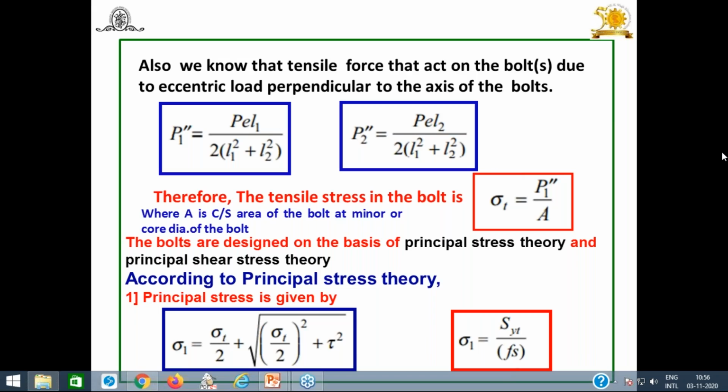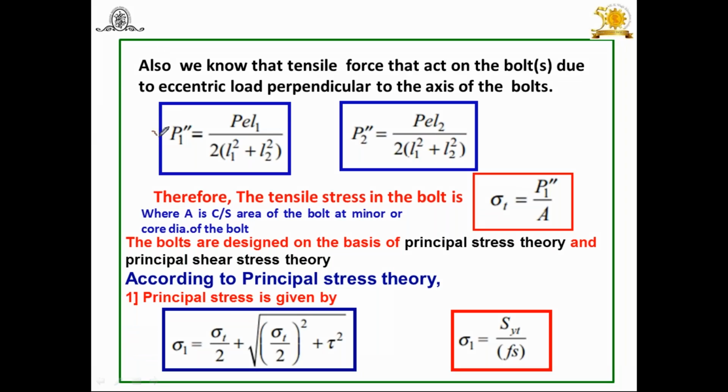The point which is located farthest from the tilting edge C. So again, we have to take into account position 1. Therefore, second, the tensile force that acts on the bolt due to eccentric load perpendicular to the axis, where we get the maximum at position 1, which is the farthest from the tilting edge.